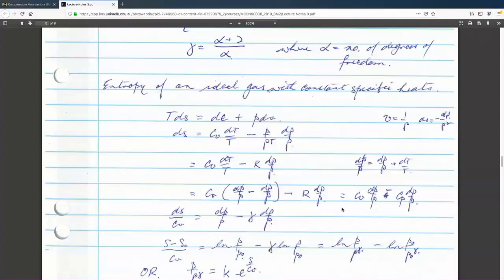So this equation of state deduces for us that P over rho to the gamma is some constant times e to the S over Cv, or this equation here. So this is the equation of state for a perfect gas of constant specific heats. It relates the pressure and the density to the entropy, or the pressure and the volume to the entropy.